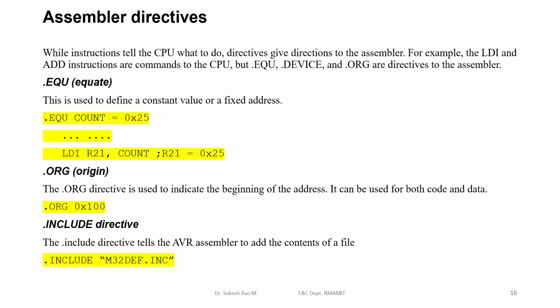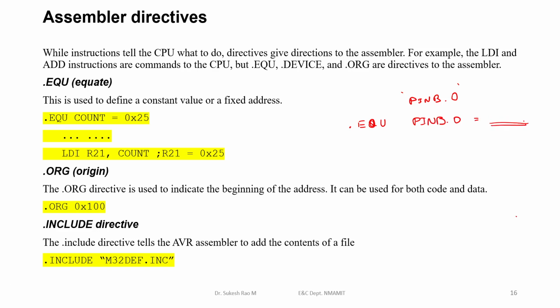Similarly, if you want to define certain registers, like some parameters, say PINB.0, if you want to read it, it may not be defined, so you have to define it with .equ. Say PINB.0 equal to, then you write the address of this.